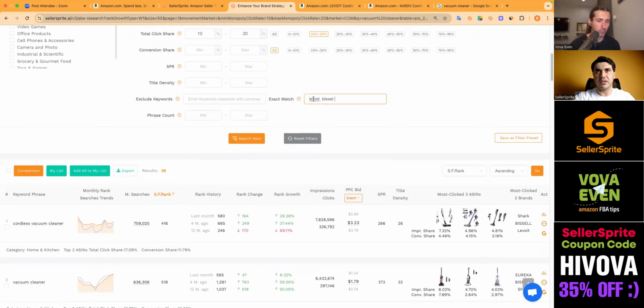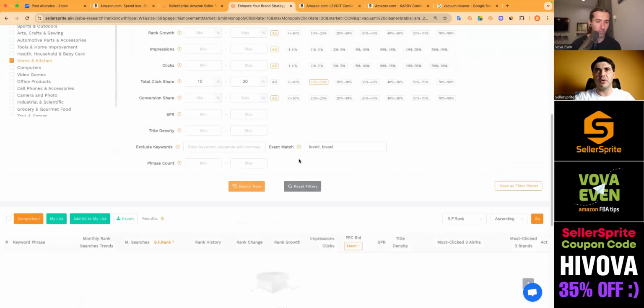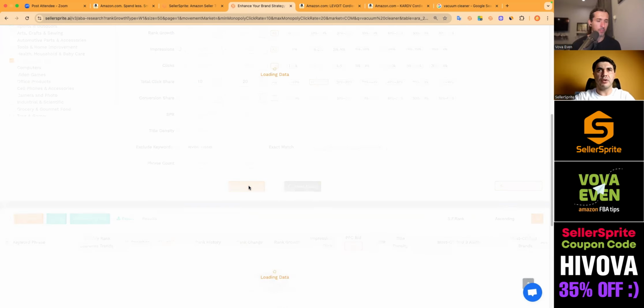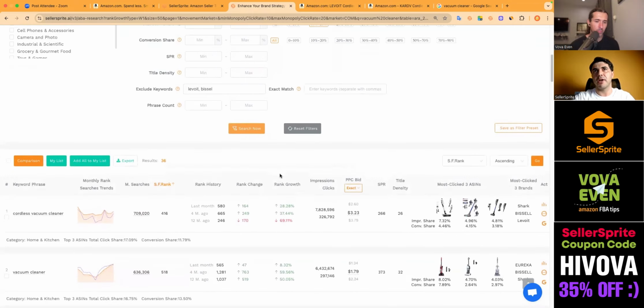So we are gonna filter out those keywords. Sorry, I should put it in exclude keyword. Yeah. So we are gonna remove all those branded keywords and leave only the keywords without these brands.